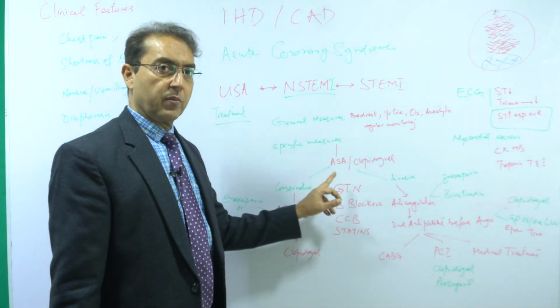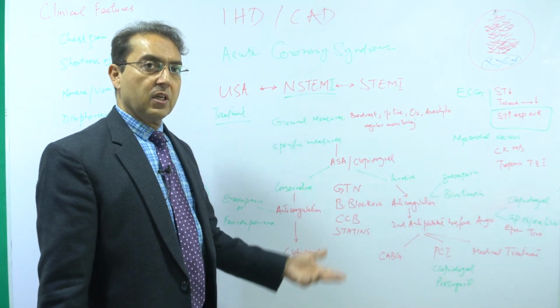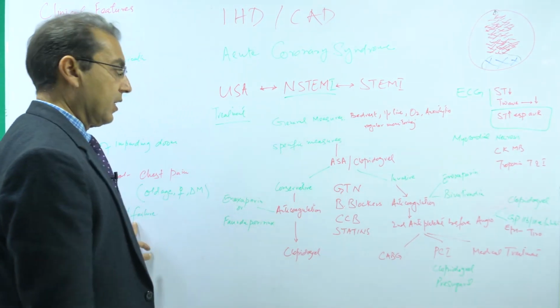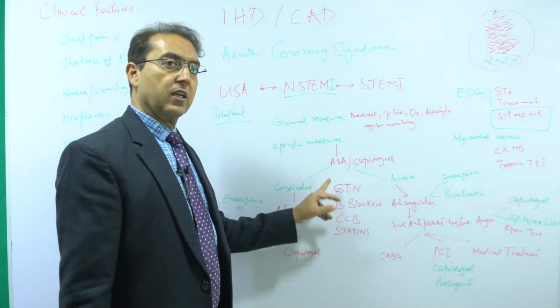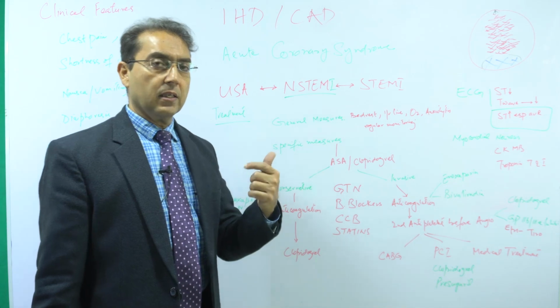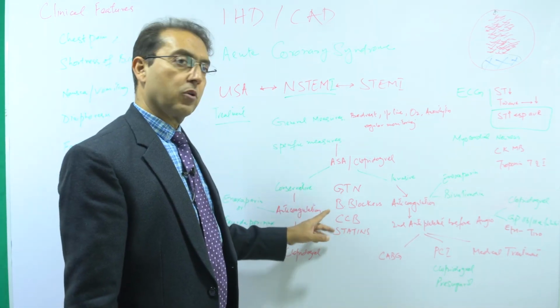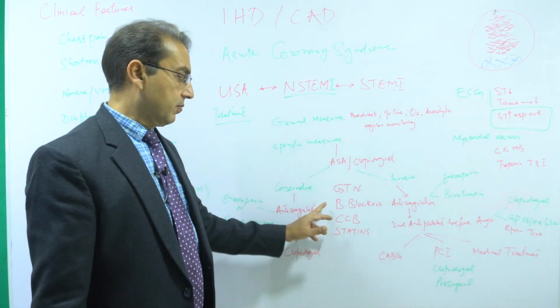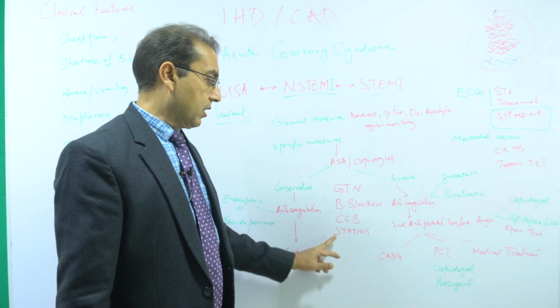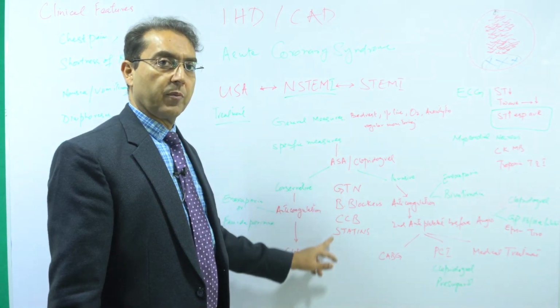A little bit of morphine can improve the patient's heart failure and the pain as well. In addition, morphine also improves the anxiety. The patients can be put on beta blockers, calcium channel blockers, and statins for further follow-up and management.